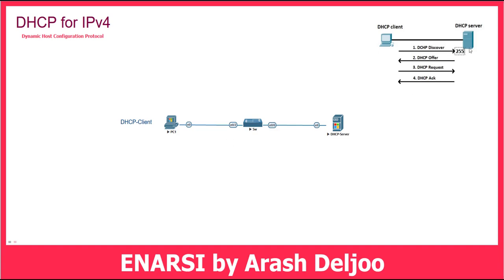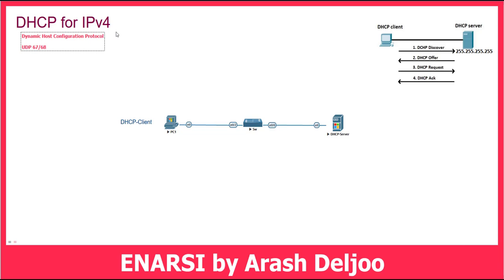DHCP discovery is sent to, for example, 255.255.255.255, the broadcast address, and because of that all of the systems in our network can receive this DHCP discovery, but only the DHCP server should answer it, because in DHCP we are using UDP ports 67 and 68. 67 is the port of the server and 68 is the port of the client.